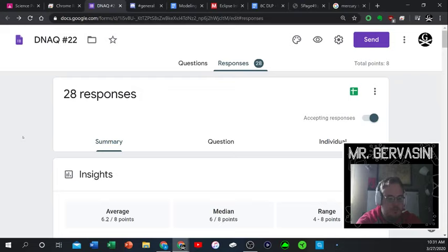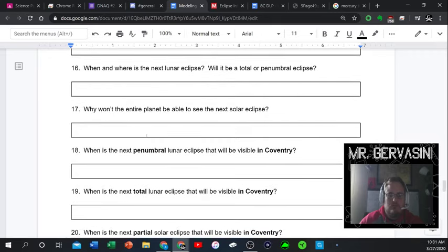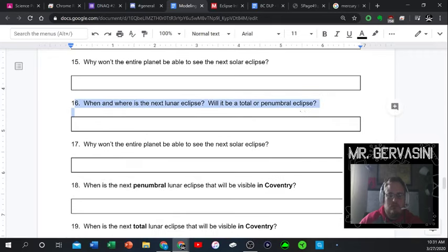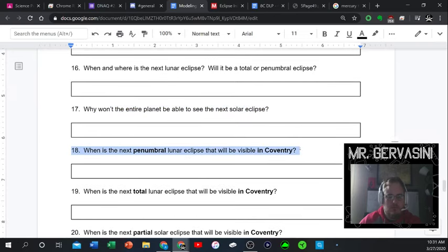For question 17 on the modeling lunar phases, modeling eclipses, it repeats a question twice. When and where is the next lunar eclipse? Why won't the entire planet be able to see the next solar eclipse? When is the next penumbral eclipse? I'm not sure what you're referring to, Jack. You sure it was 17?